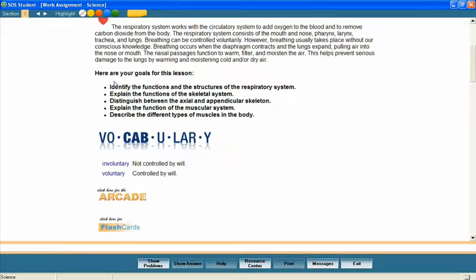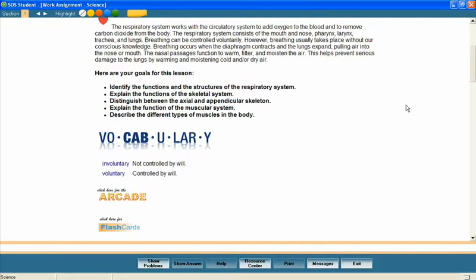The goals for this lesson include identify the functions and the structures of the respiratory system, explain the functions of the skeletal system, distinguish between the axial and appendicular skeleton, explain the function of the muscular system, and describe the different types of muscles in the body.